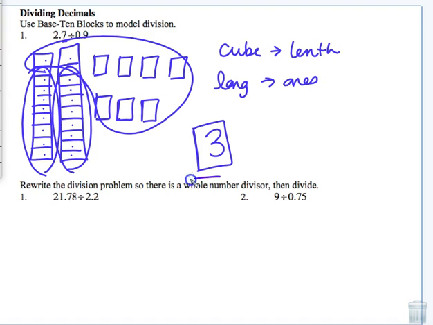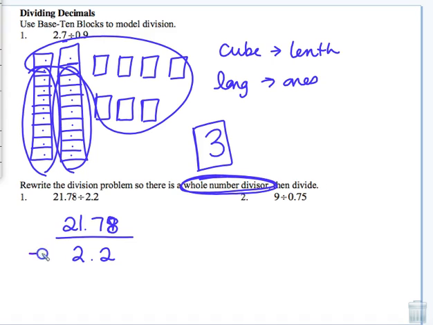This is a big deal. Your divisor has to be a whole number. And so when I write this, I have the number 21 and 78 hundredths divided by 2 and 2/10. This right here is the divisor, and that cannot contain a decimal.